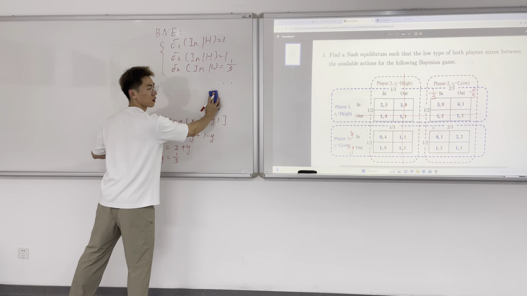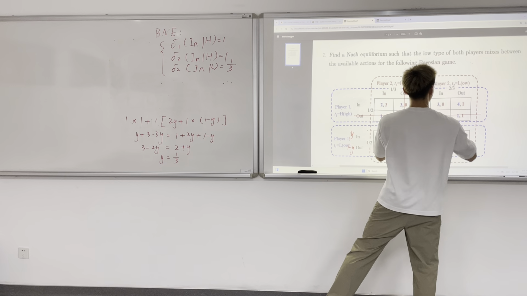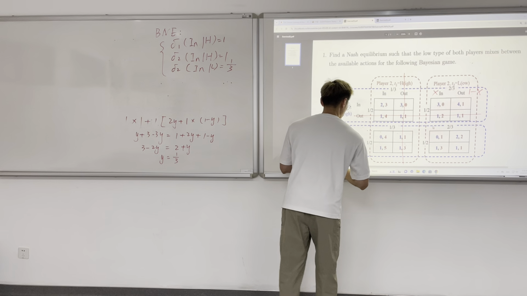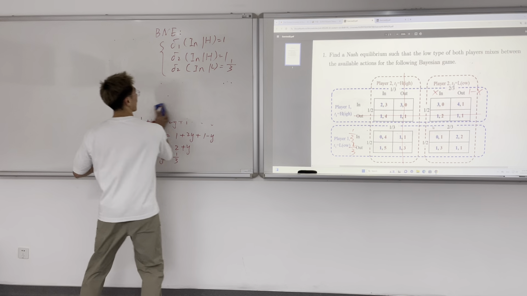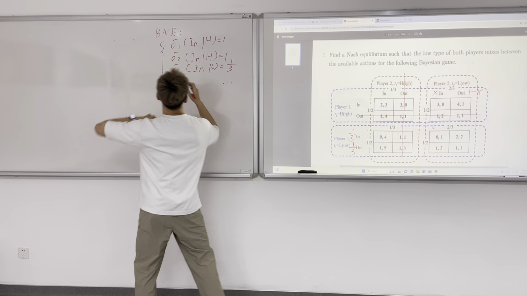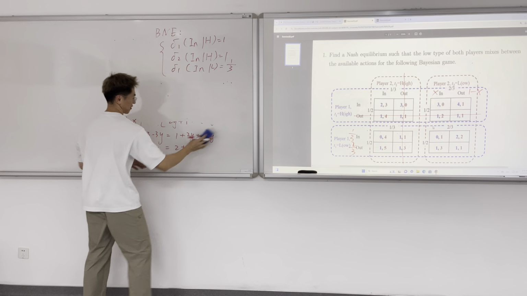Y equals to 1/3. Sorry, this is x, this is 1 minus x, and this is 1/3. So this is 2/3 out. And so this is for low type player 1. Low type player 1, playing in equals to 1/3, right?